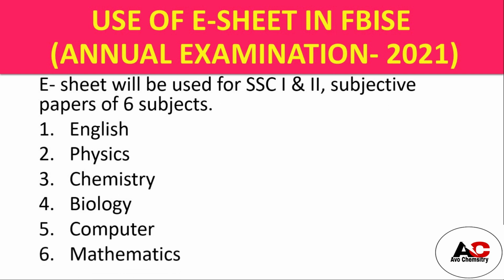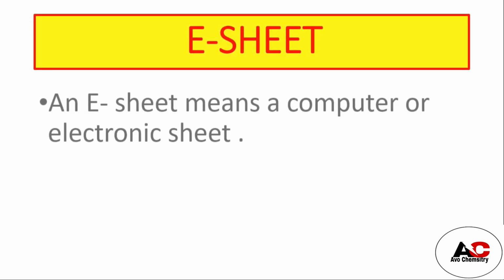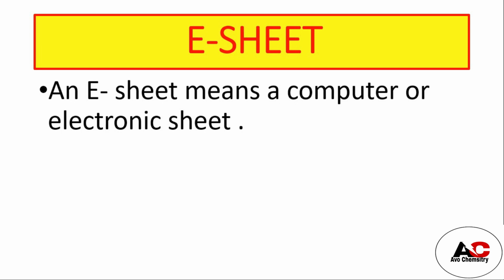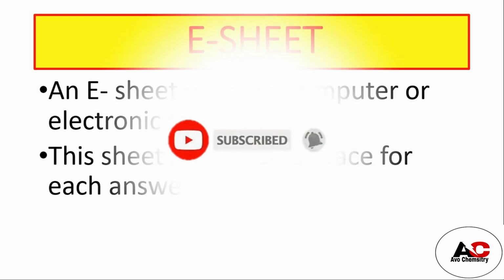In these 6 subjects, E-SHEET will be given to you, right? What is E-SHEET? Does anybody know what is E-SHEET? An E-SHEET means a computer or electronic sheet. This E-SHEET has a specific space for each answer.